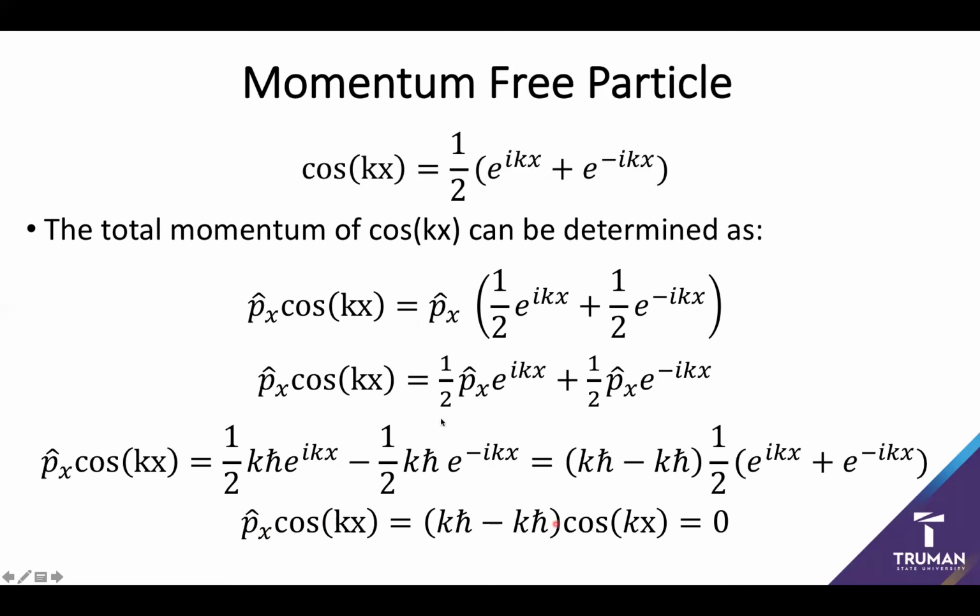Another way to think about this is that when applying a momentum operator, or any operator, to a wave function, if I'm able to break the wave function down into the constituent eigenfunctions of my operator, then my ending eigenvalue is simply the sum of the eigenvalues of each part. So in this case, kh bar minus kh bar is 0. It turns out that a free particle with this wave function has a momentum of 0.